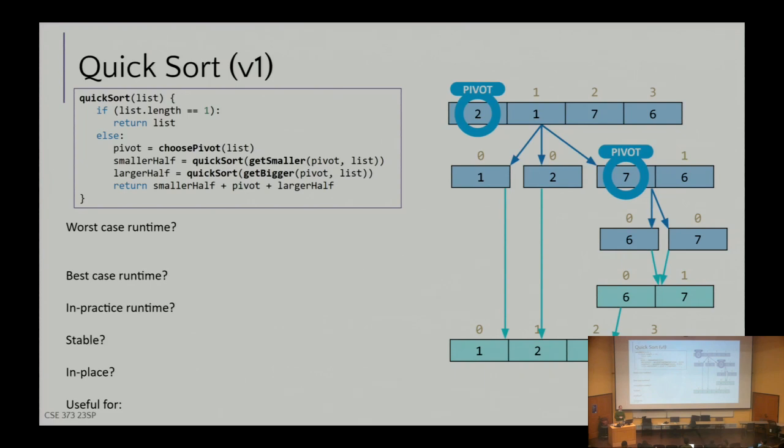When the pivot is the largest value. So if the pivot is the largest value or the smallest value, then it's going to do essentially no division. It just shaves a single item off, and a list of n minus 1 goes to the after pivot, and then just one item goes to the before pivot, or no items go to the before pivot. So it's like we're barely dividing it.